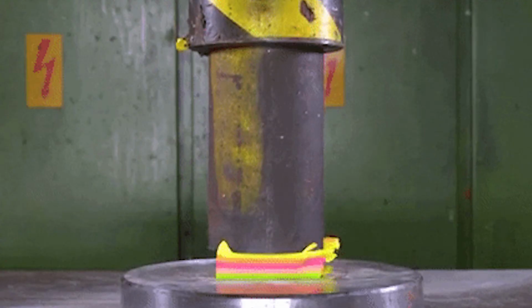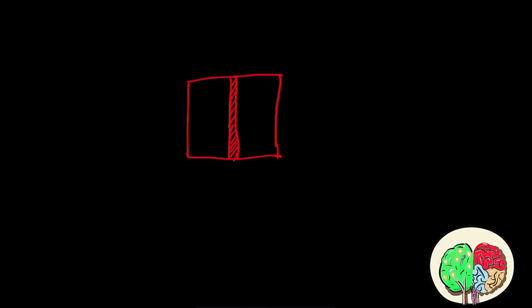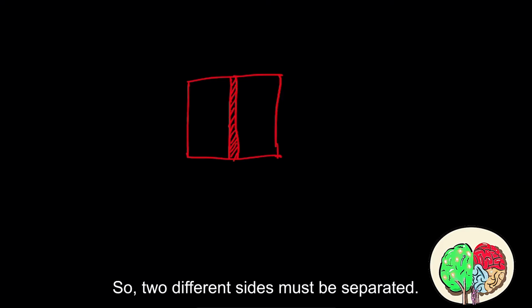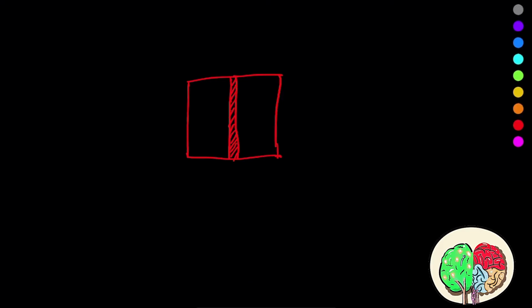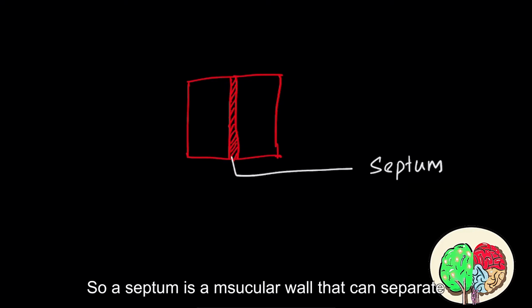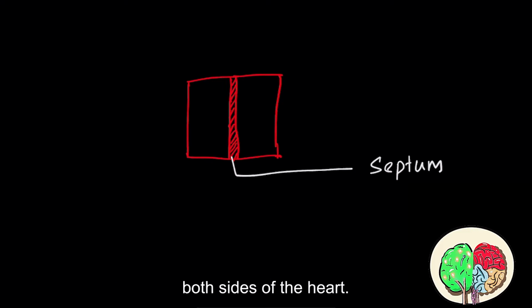And the pressure is very, very high on the left side, so that high pressure blood must not be mixed up with the low pressure blood on the right side. So two different sides must be separated. So we need something called a septum. A septum is a muscular wall that separates both sides of the heart. Okay, now we get it.